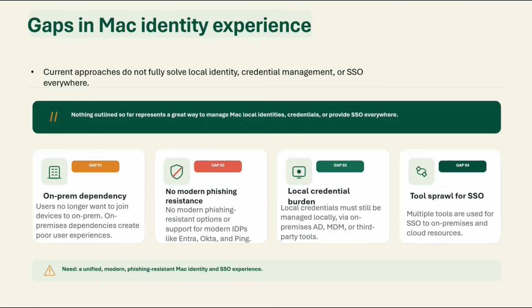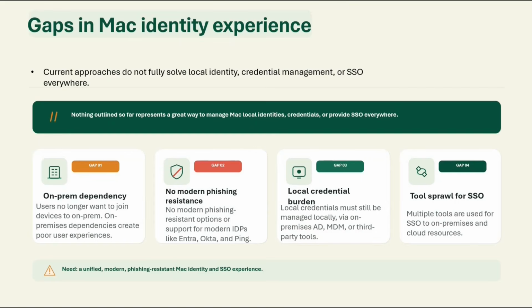Until now, the methodologies that we discussed, like Kerberos authentication or LDAP binding or Enterprise SSO, were not designed for a macOS device to talk with the modern IDPs like Entra ID or Okta or Ping. All these were designed and tailored for on-premise based authentication.